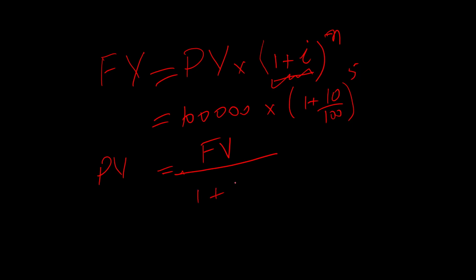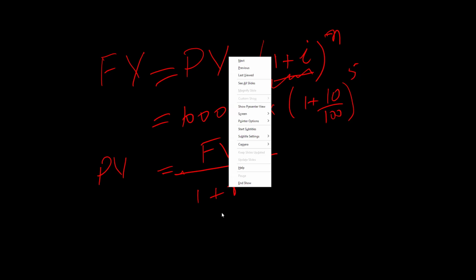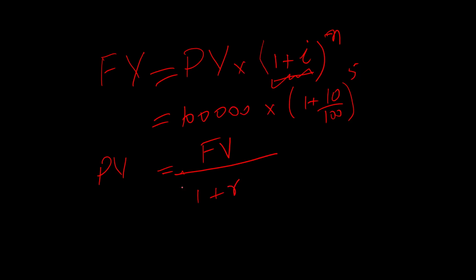Now, rather than having the interest rate, we have a discount rate, we call it R. Sorry, this is 1 plus R raised to the power N. You got it?